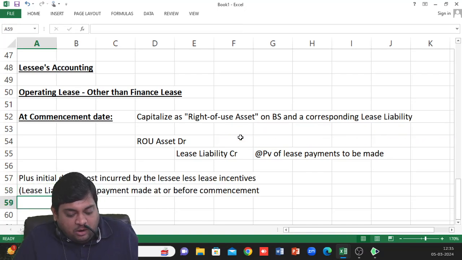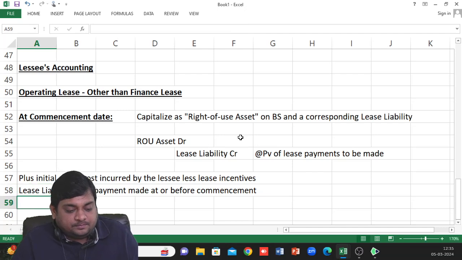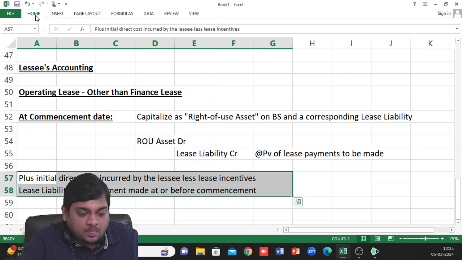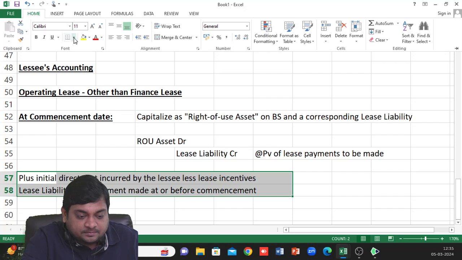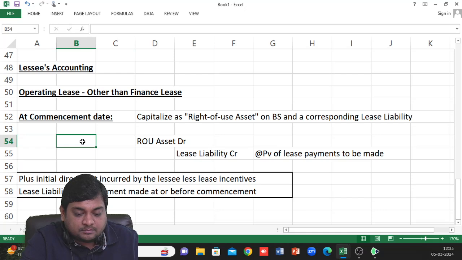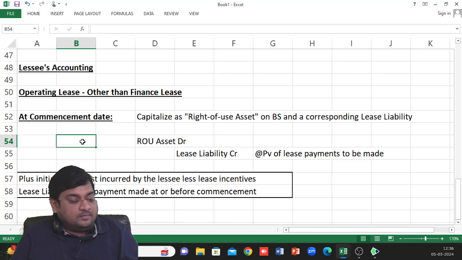So this is basically about the ROU, right of use asset. Is it fine, everyone?